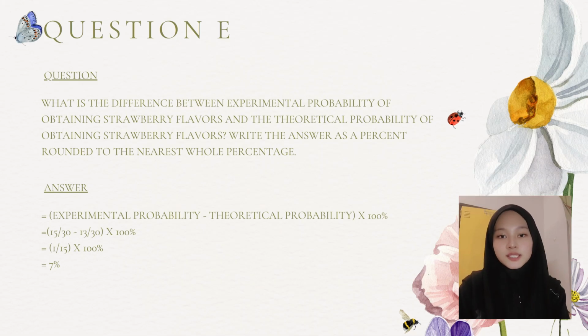The solution is (experimental probability minus theoretical probability) multiplied by 100, which is (15/30 minus 13/30) multiplied by 100%, and the answer is 7%.